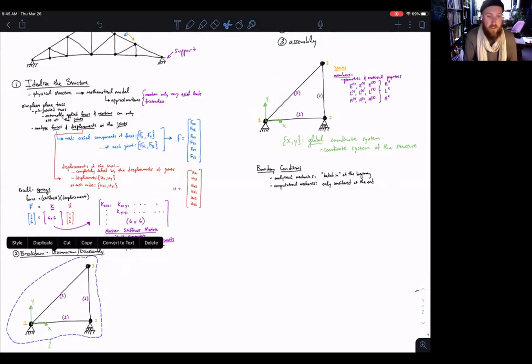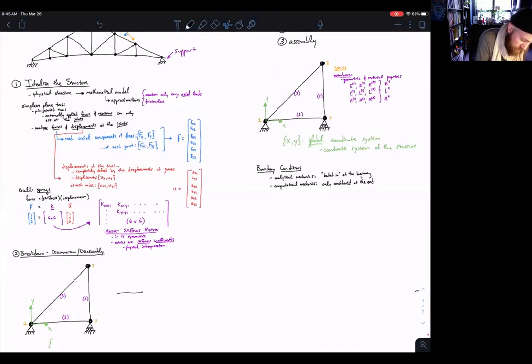So here is our truss, and right now it's in its structure form. It's a structure. It exists in the global coordinate system, which is telling you where all the components of the structure are in space. And what we want to do is split this structure up into its individual components. What does that mean? We want to take this structure and kind of blow it apart, disconnect the joints, disconnect the nodes.